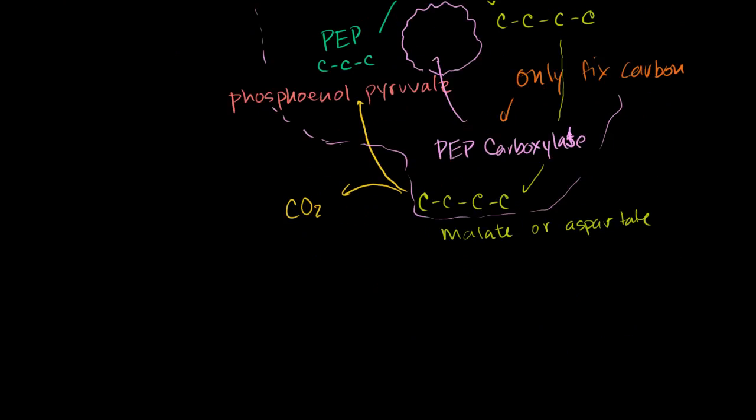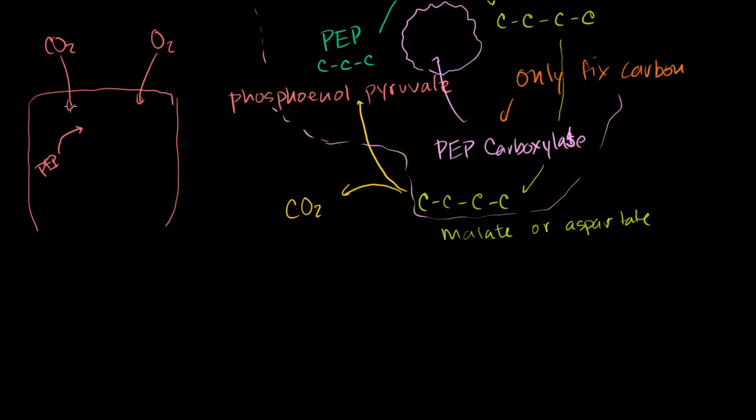So over here, with exposure to the air, you have your mesophyll cell. Air is coming in, O2, CO2, everything is coming in, but only CO2 can be fixed with PEP. So you have the PEP here, the phosphoenol pyruvate.